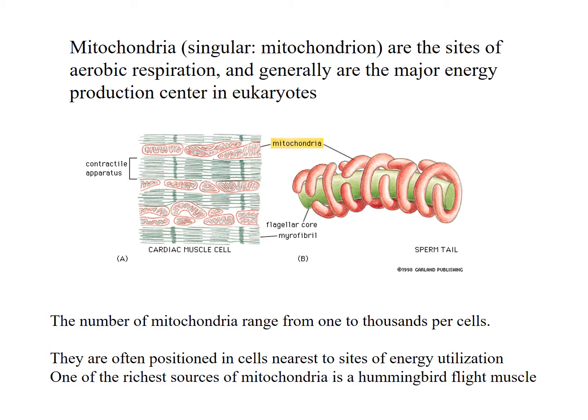And of course, there are lots of mitochondria in highly energetic tissues and fewer in less energetic tissues. One of the richest sources of mitochondria is probably hummingbird flight muscle. If you didn't know, hummingbirds move their muscles very quickly and they need energy.